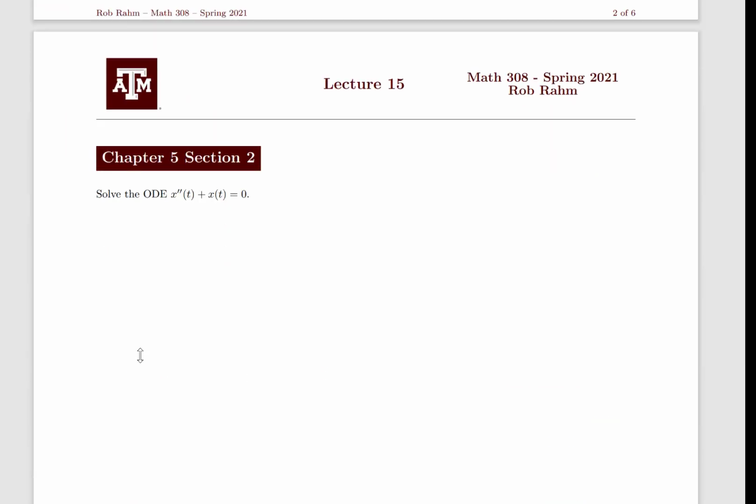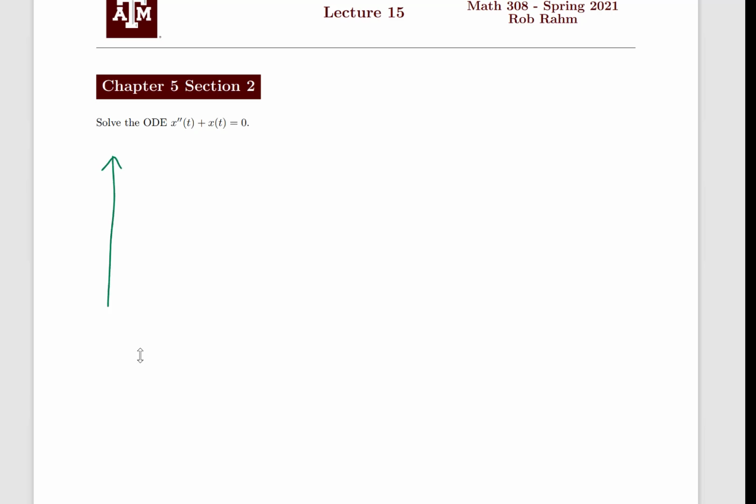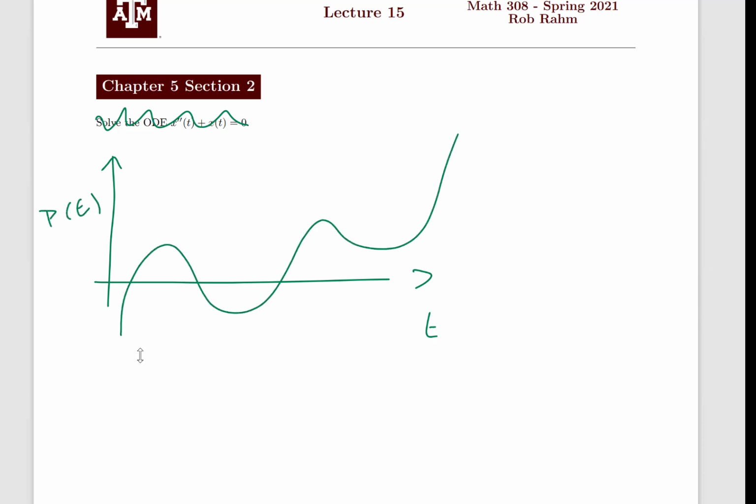Well, I'm just going to write the graph down here, or do that explanation down here, so forget about this for now. So let's say this is the t-axis, and this is p of t. This is the graph of p. So let's say this is t naught. So notice that p of t naught is not equal to 0. Okay, since p is continuous, there's going to be some interval around t naught where p of t is not equal to 0.